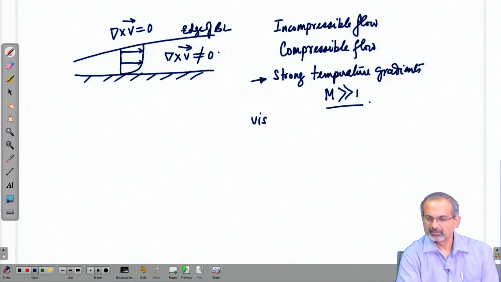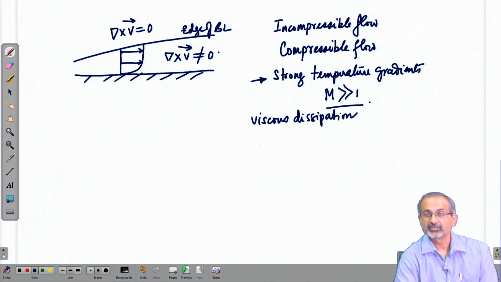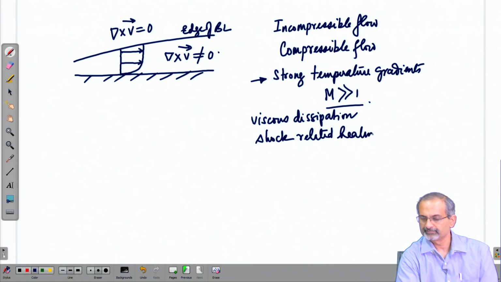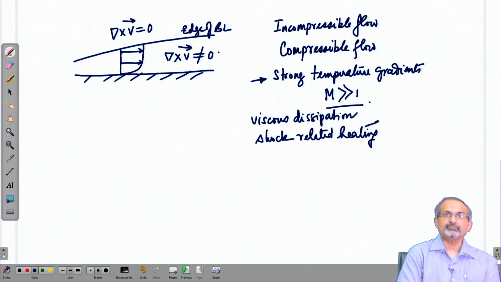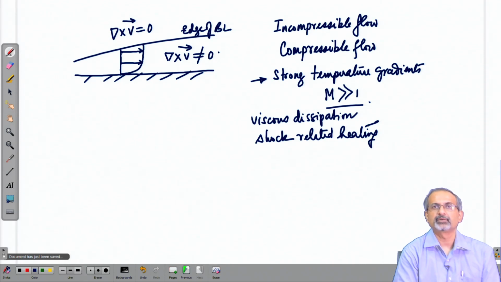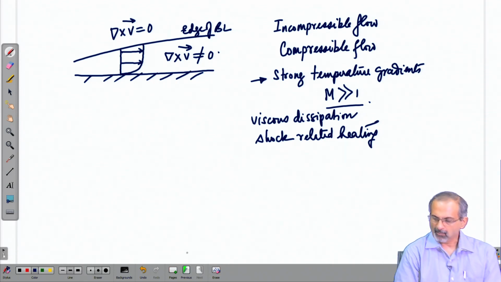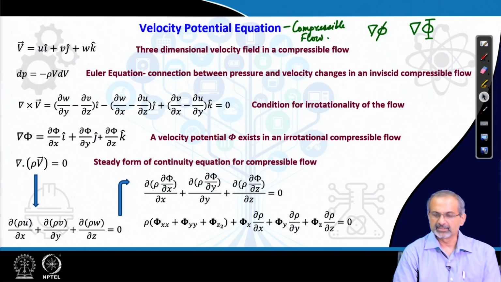One reason for that is viscous dissipation within the boundary layer becoming much stronger, and also there could be shock related heating. Shocks become stronger as the Mach number increases. We will discuss these further in upcoming lectures.